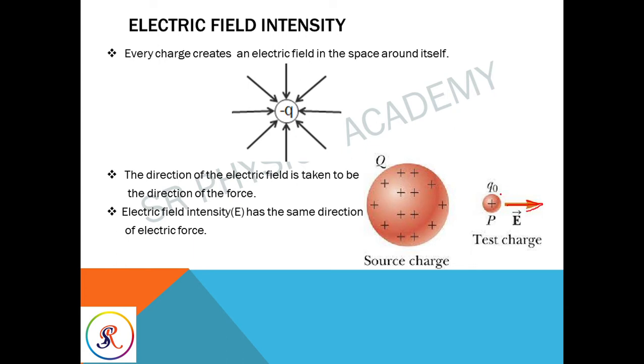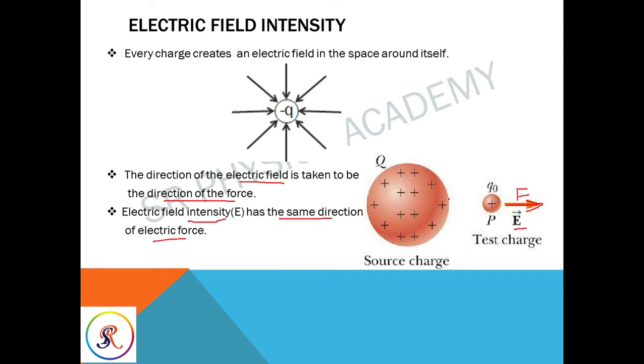That means the direction of the field is taken to be the direction of the force, and the electric field intensity is also the same. Clear? You have to remember that the direction of the electric field is taken to be the direction of the force, and the electric field intensity has the same direction as the electric force.